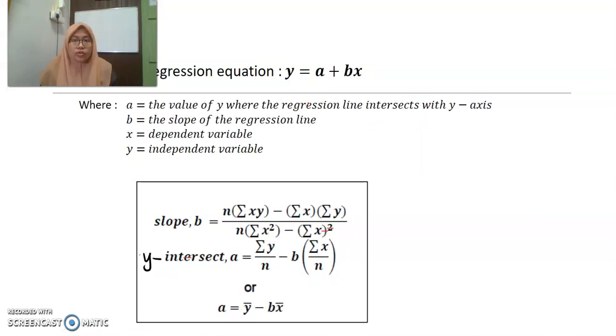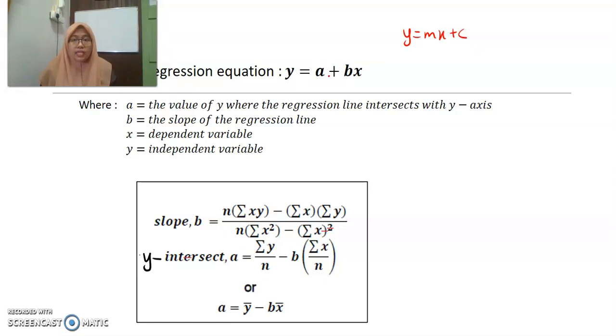Okay, so for linear regression equation, the form of equation is y equals to a plus bx. Actually, you have learned this linear equation, y equals to mx plus c. It is just the same as this one, just only that for this chapter, we use a and b variable instead of m and c. So y equals to a plus bx.